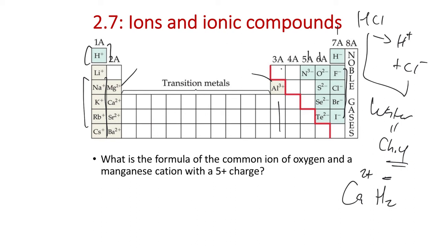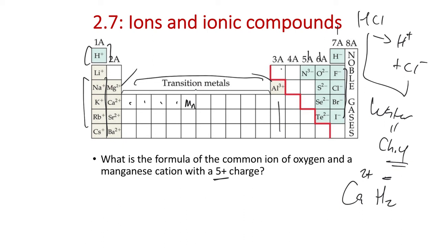And so we're asked a question here: what is the formula between oxygen and a manganese cation that has a 5+ charge? Now, if you notice, the transition metals aren't shown because they can have a variety of charges that aren't easy to calculate. Manganese is the 5th across on the transition metal block, so it's right here.